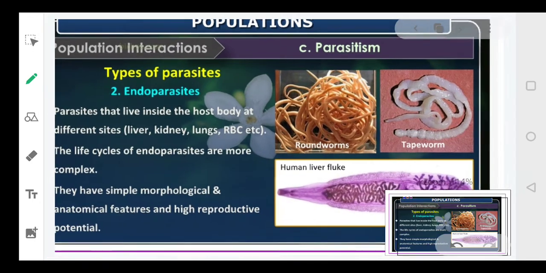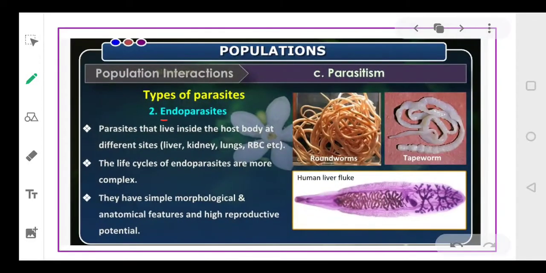Second is the endoparasite. Endo means inside. The parasites that live inside the body of the host. वो parasites जो host की body के अंदर रहते हैं, those parasites are referred to as endoparasites.